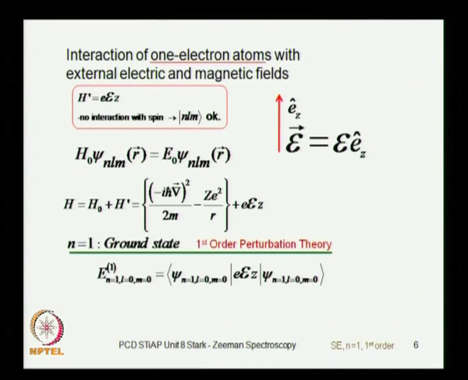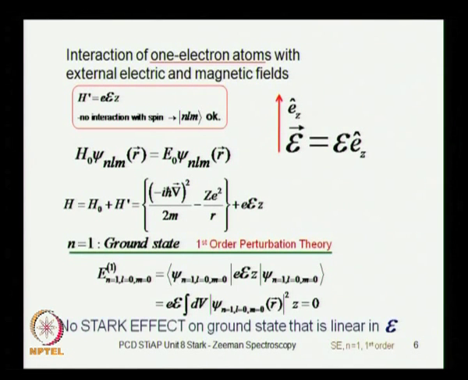So essentially what we find is that there is no Stark effect at all. It does not change the ground state energy of the hydrogen atom. If you keep it in an electric field, its energy is not going to change, because the matrix element in the first order at least does not contribute anything.